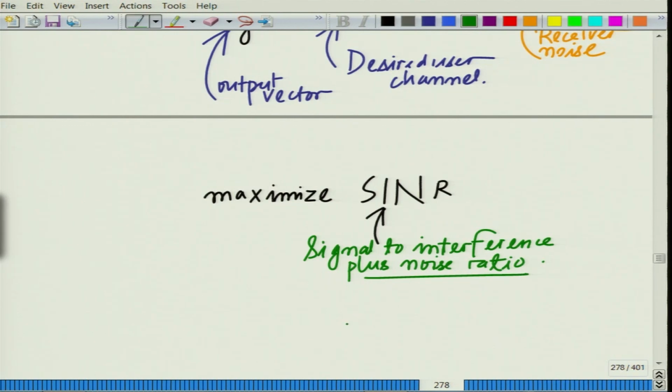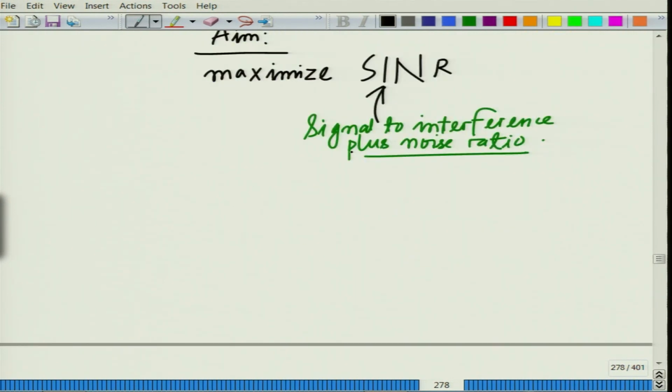We want to maximize the signal to interference plus noise ratio, right. And so, this is our aim. What is our aim? Our aim is to maximize the signal to interference plus noise ratio, and how do we do that? How to achieve this?